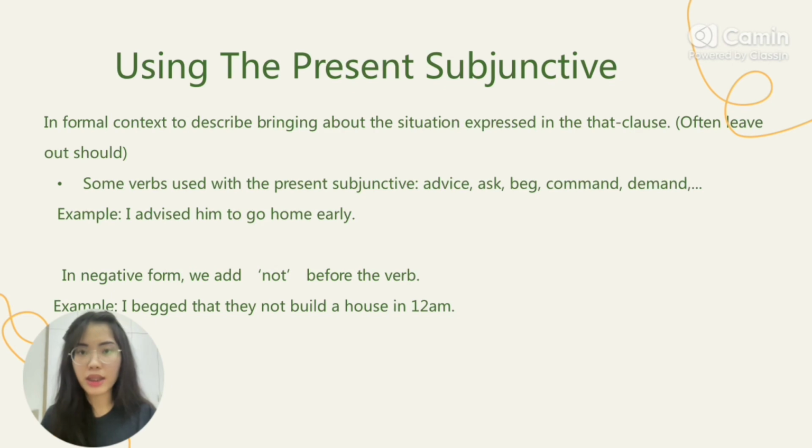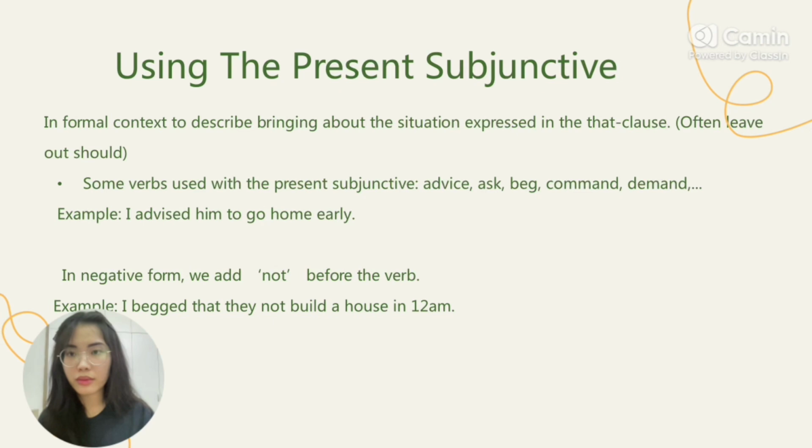The present subjunctive is often used in a more formal context, and one key feature is that it can replace should in that clause. In these cases, we use the base form of the verb, which is the present subjunctive. This structure is used to express situations or actions that we want to bring about or that we believe should happen.